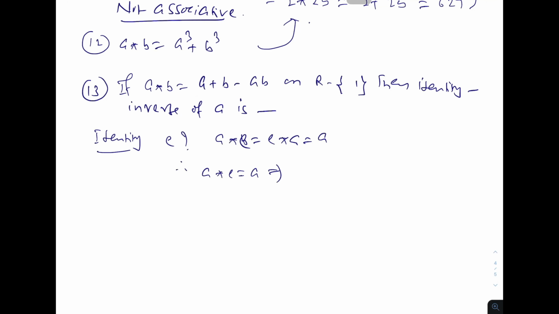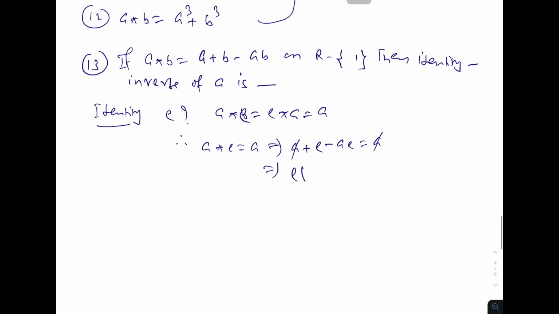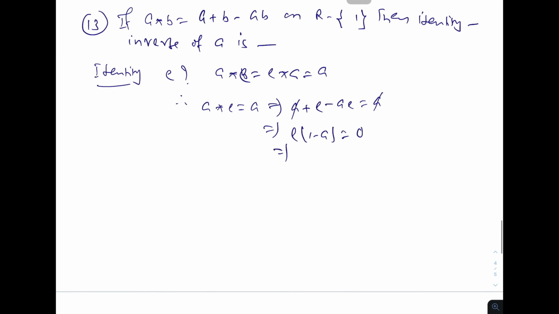So a star E equal to a plus E minus aE, and that is equal to a. So this a cancels. Here we are having E into 1 minus a equal to 0, and this would imply E equal to 0. So this is identity.